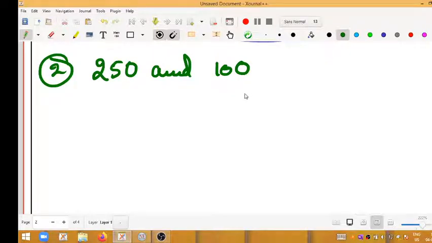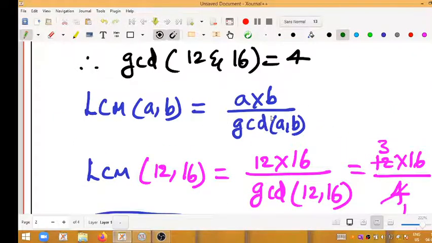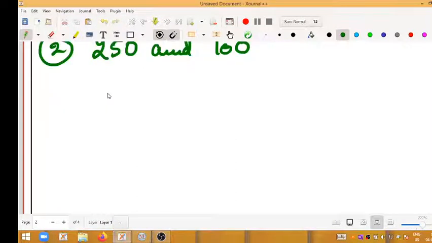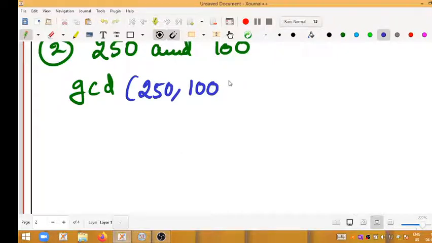For that purpose, we want to use this formula. So first of all we want to find GCD of A comma B, so GCD of 250 comma 100 or 100 comma 250.